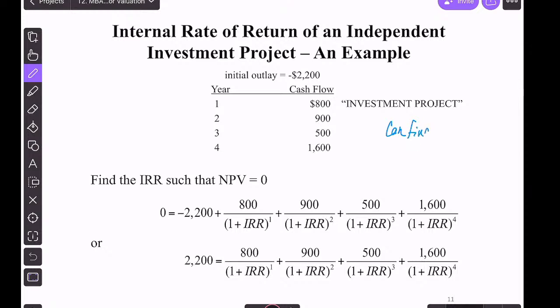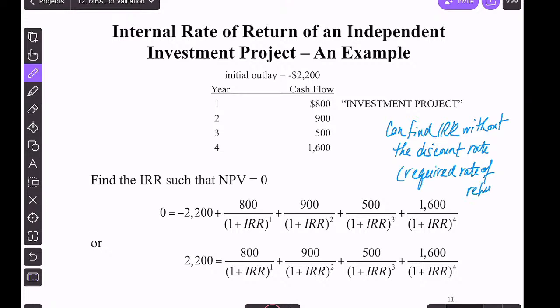So you can find IRR without the discount rate, or what I call the required rate of return. But you're going to need one, like in the end, we want to compare what we get to something. And that would be the required rate of return.